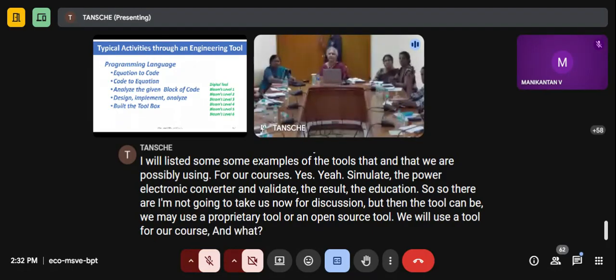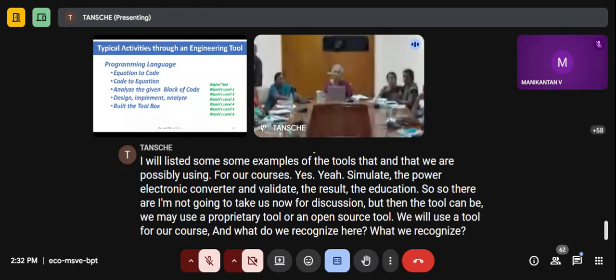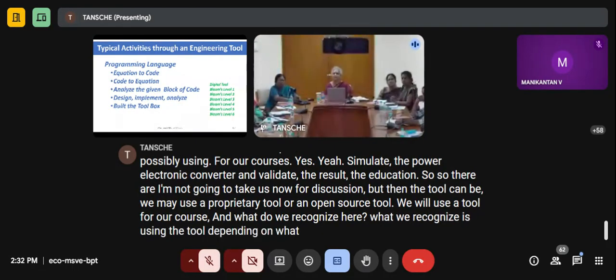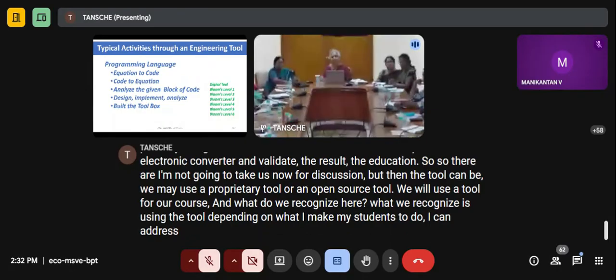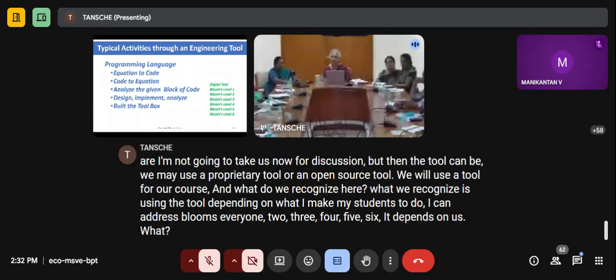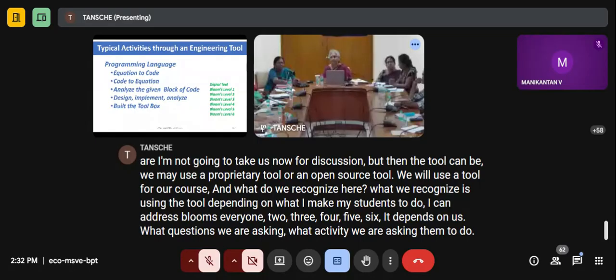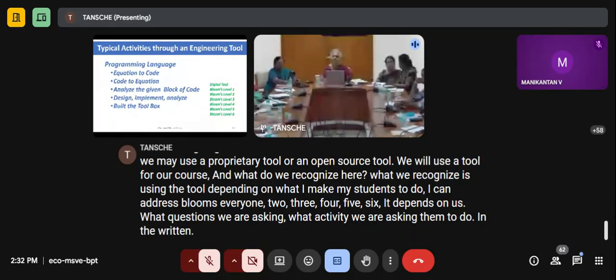What do we recognize here? Using the tool, depending on what I make my students do, I can address Bloom's level 1, 2, 3, 4, 5, 6. It depends on what questions we ask and what activity we ask them to do. In a normal written lab exam, I would ask them to find the largest element of the array.